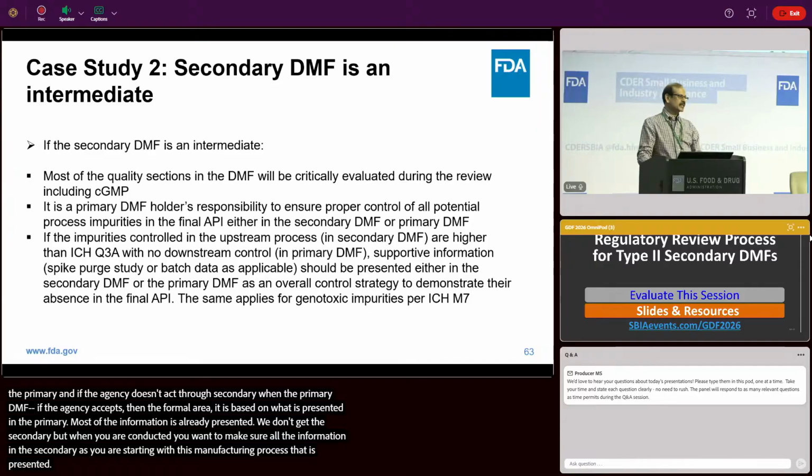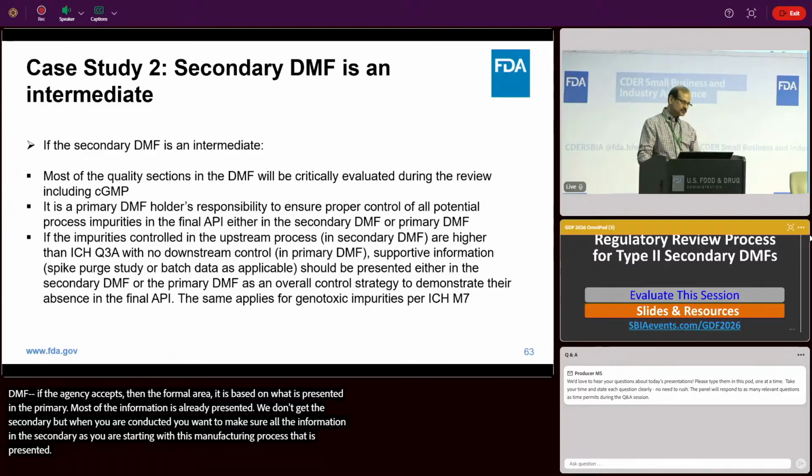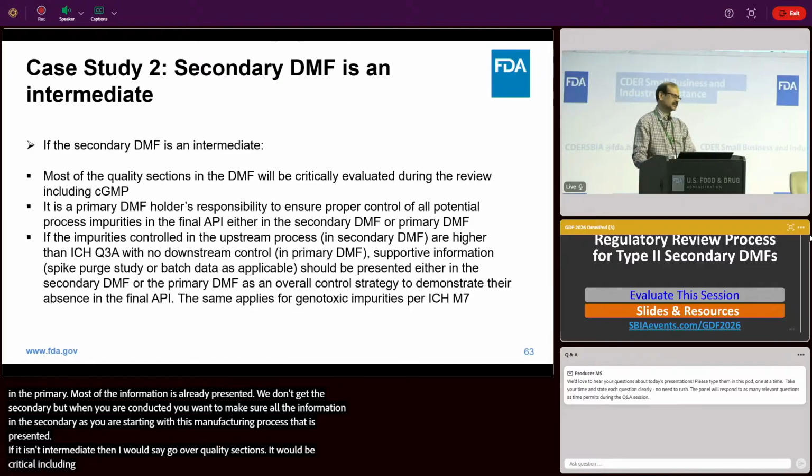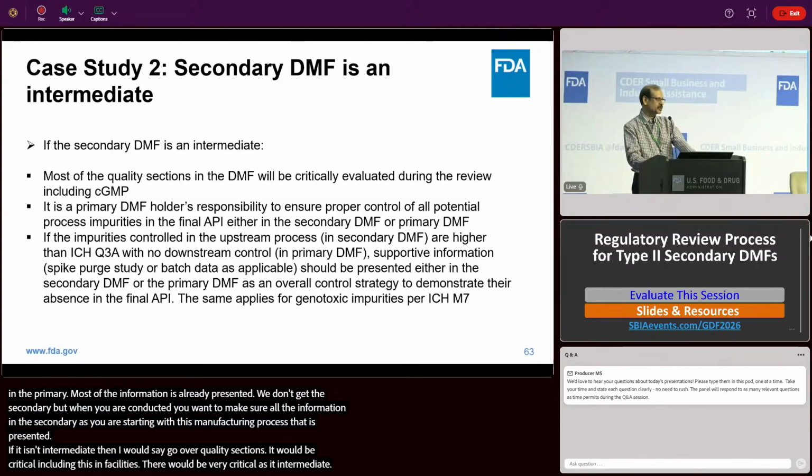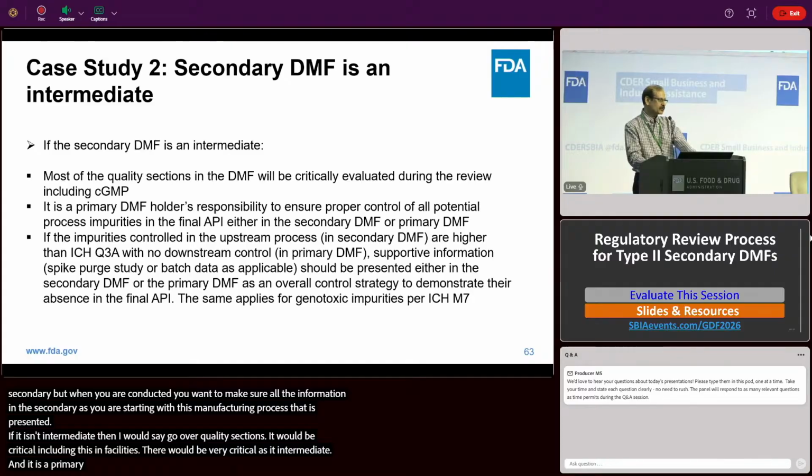If the secondary DMF is an intermediate, many of the quality sections in the DMF will be critically evaluated during the review, including CGMP and facilities. Some sections of the DMF may not be very critical for an intermediate. Again, it is the primary DMF holder's responsibility to ensure proper control of all potential process impurities in the API, either in the secondary DMF or the primary DMF.